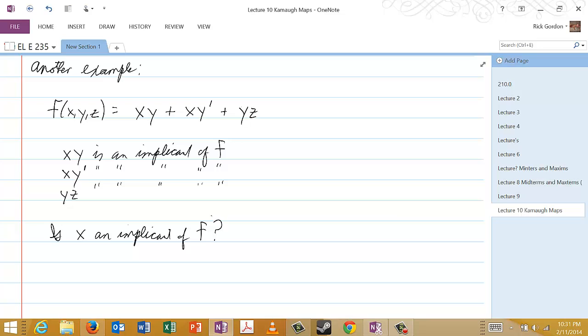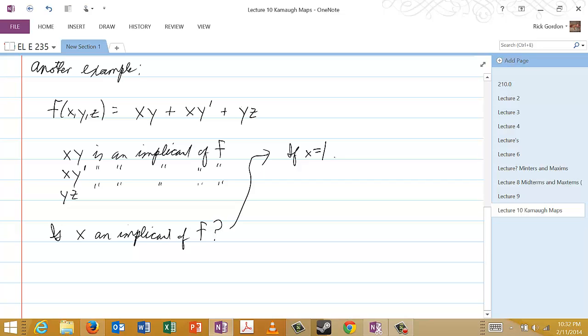Well, one way to figure this out is the following. For x to be an implicant of f, the proposition x equals 1 must lead to the conclusion that f is equal to 1. So let's see if that's the case.